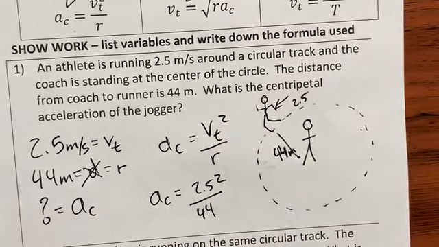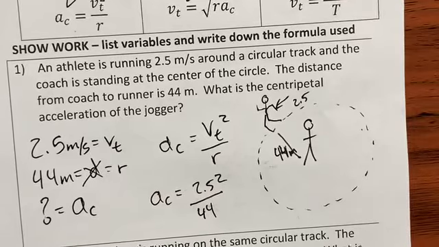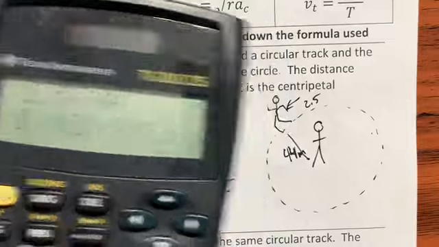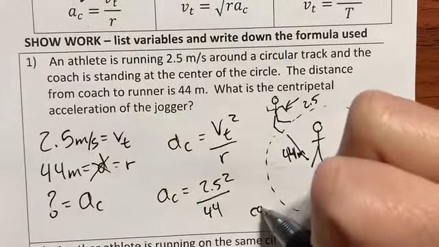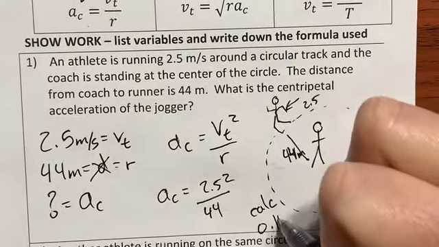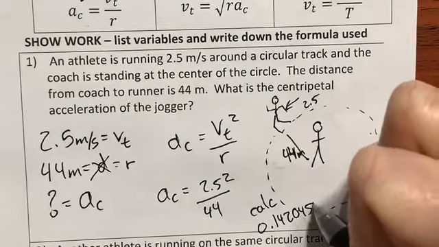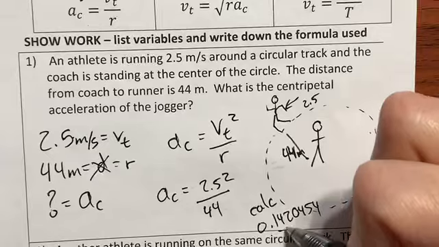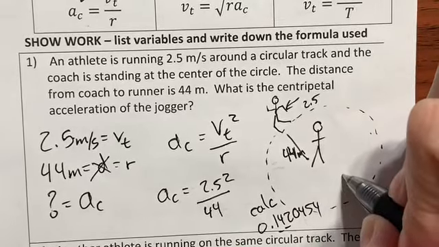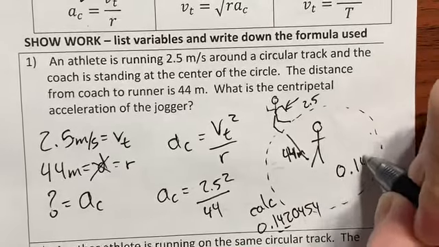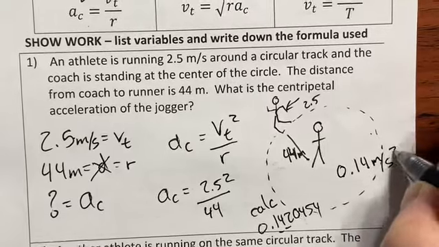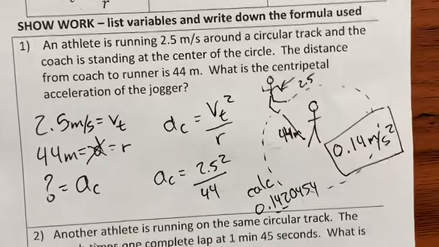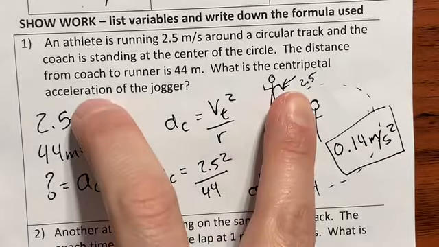Typing that into the calculator, calculator says 0.14204454, blah, blah, blah. Sig figs, 2 and 2, so just 2. Leading zero is not significant, so 0.14 meters per second squared because it's acceleration. There's your answer. That's his centripetal acceleration.